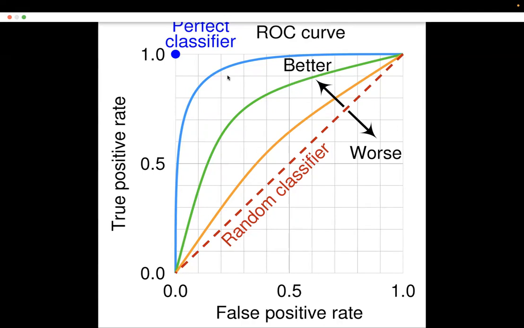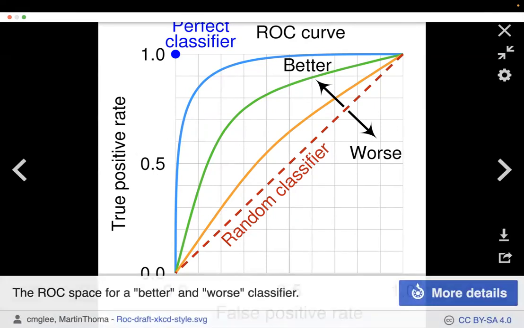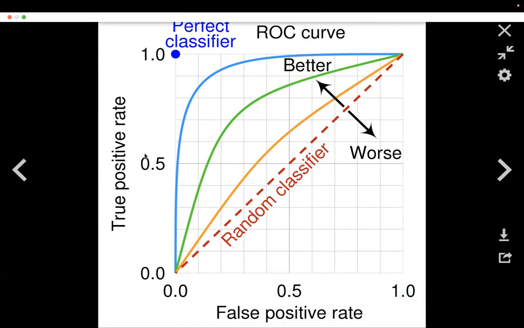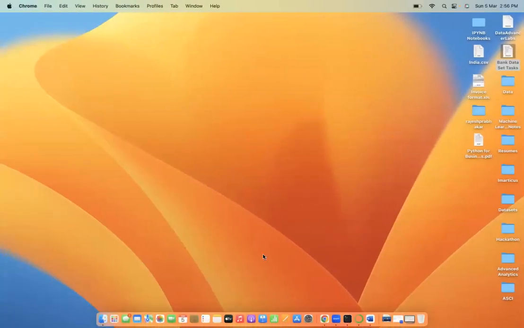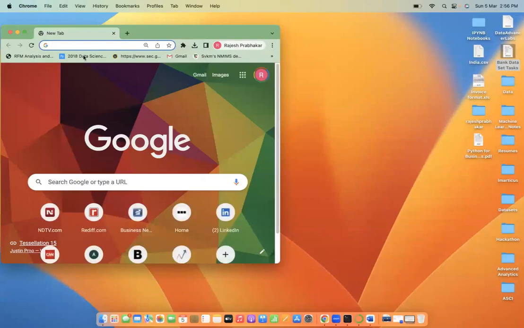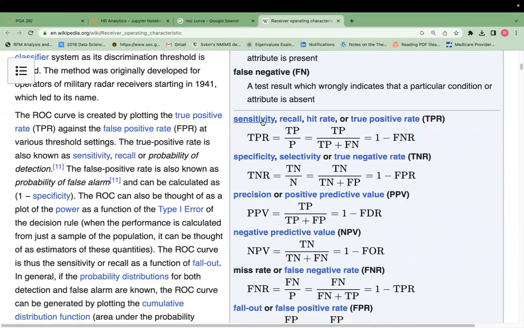When we plot the ROC curve, what is used to plot it? False positive rate and true positive rate. If you look at the x-axis, it is false positive rate; the y-axis is true positive rate, TPR and FPR. Now, TPR and FPR are an important part of your metrics.